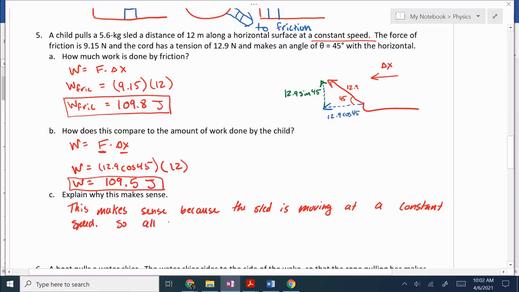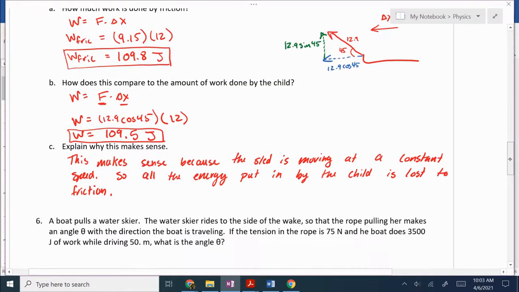So all the energy put in by the child is lost to friction, right? Because it's not getting added to kinetic energy. If it was, it would be going faster.